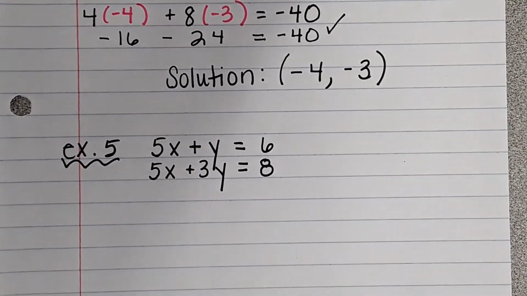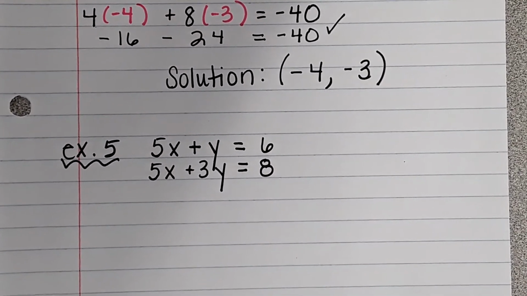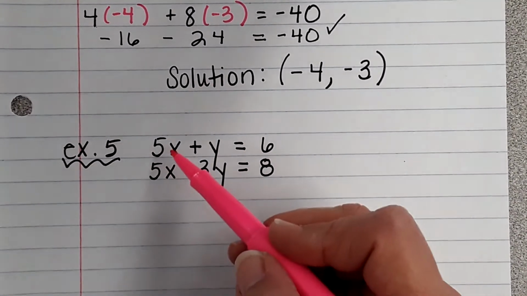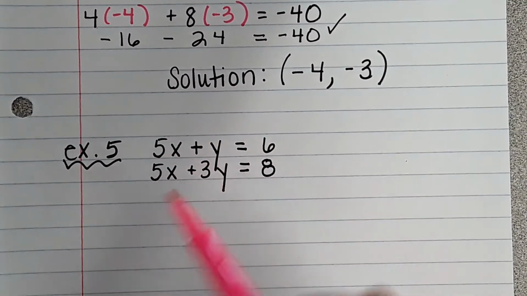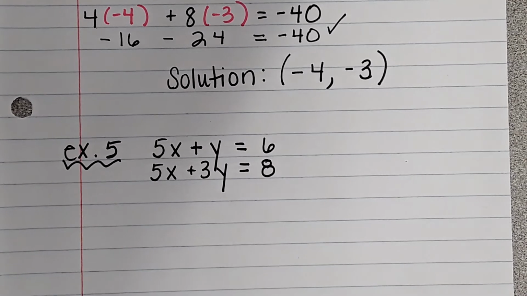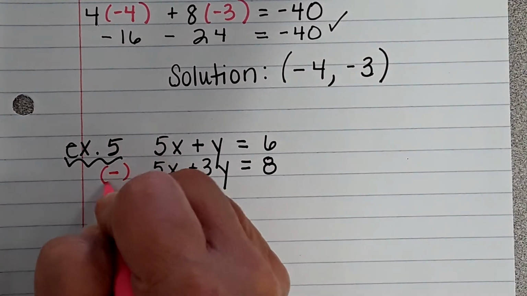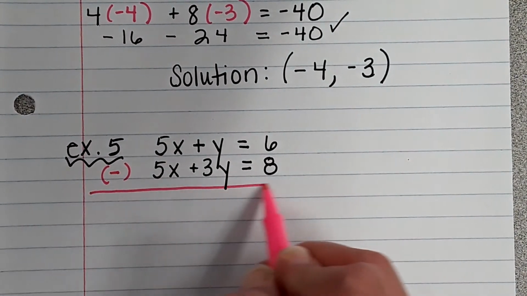Okay, add or subtract? Okay, why are we subtracting? Because it's the same number. Yep, so the x's are identical. So you guys, if the x's are identical or the y's are identical, and identical means they have the same sign, you subtract.